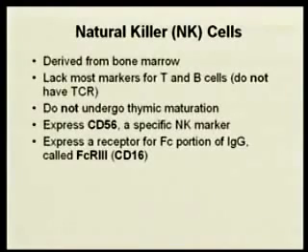Also, they express CD16. This is important because this is an Fc receptor. Now, if you remember back in your earlier lectures, Fc is expressed by immunoglobulins. So, by having an Fc receptor, NK cells are able to recognize that portion of the antibody. So they'll be able to recognize any cell or any pathogen that's coated with antibodies.